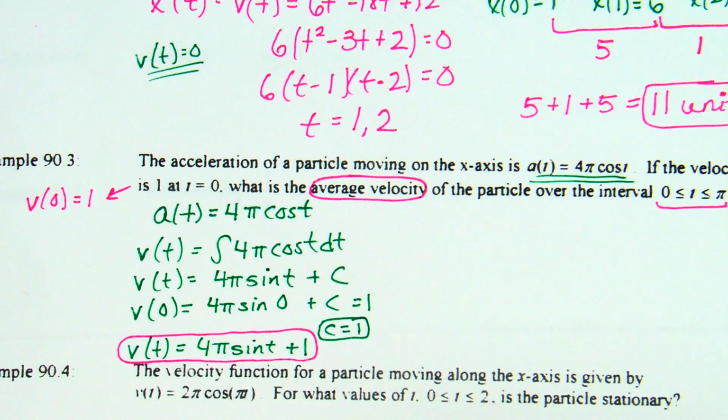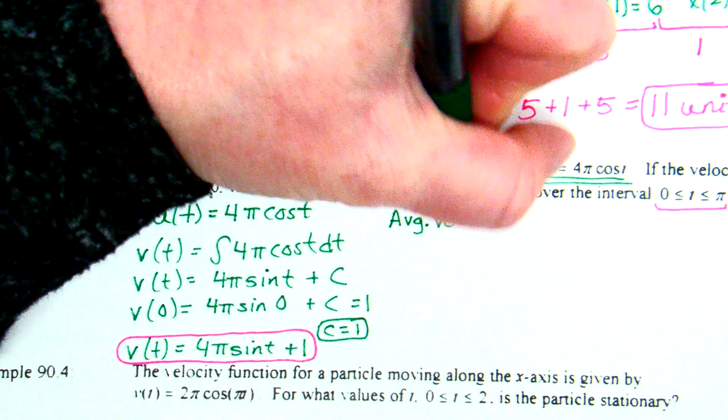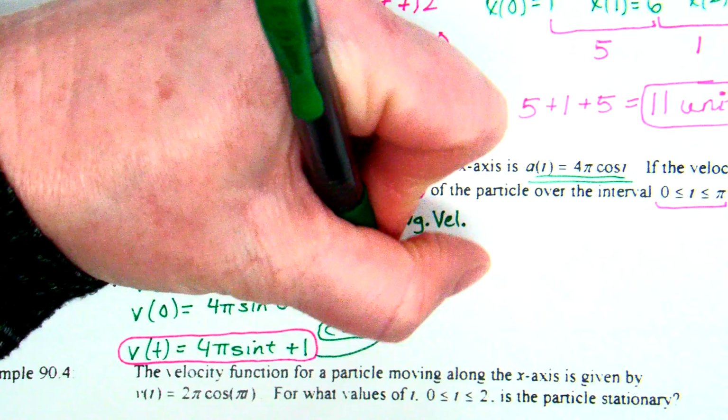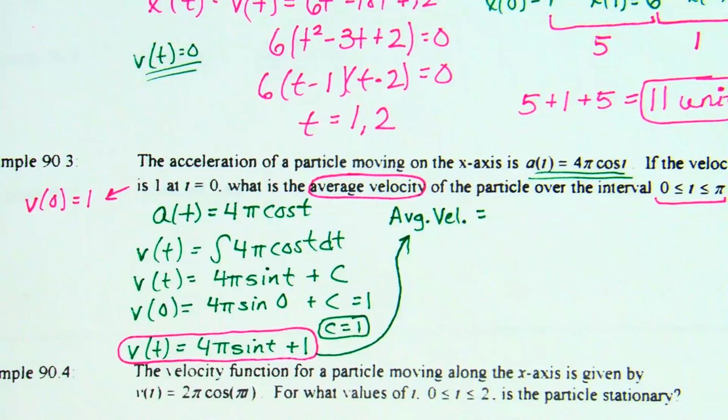Okay, so they specifically are asking me for not just velocity, but average velocity. Now, average velocity, we had a formula yesterday, right? It was basically the integral, but what did I have to put out front? 1 over b minus a.